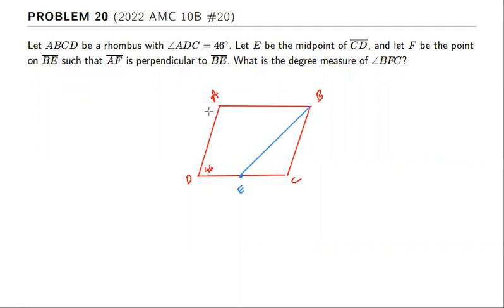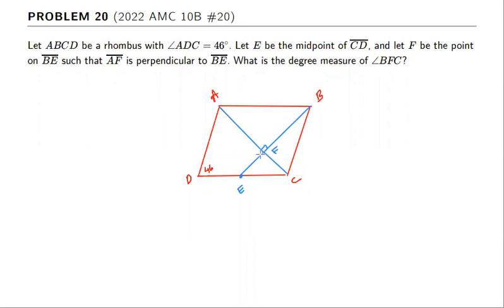Meaning that we do have another segment from A to BE that will be 90 degrees at the intersection of BE. Okay, so this is 90 degrees. And what's the angle measure of BFC? So this was F, and we are basically looking for this guy.